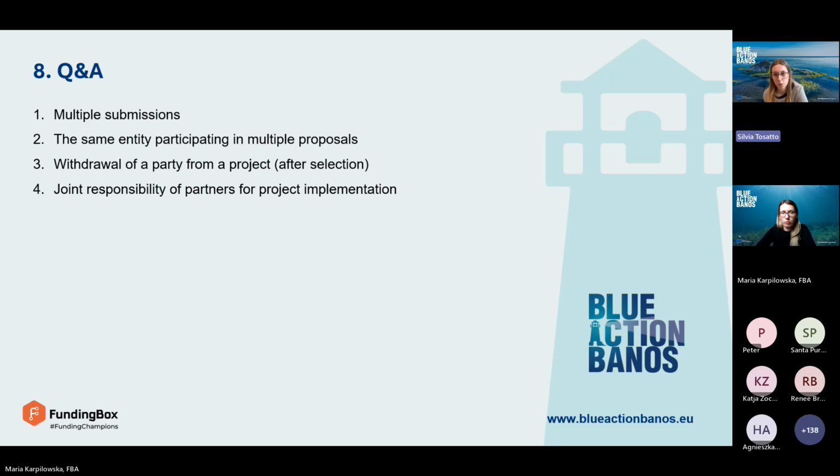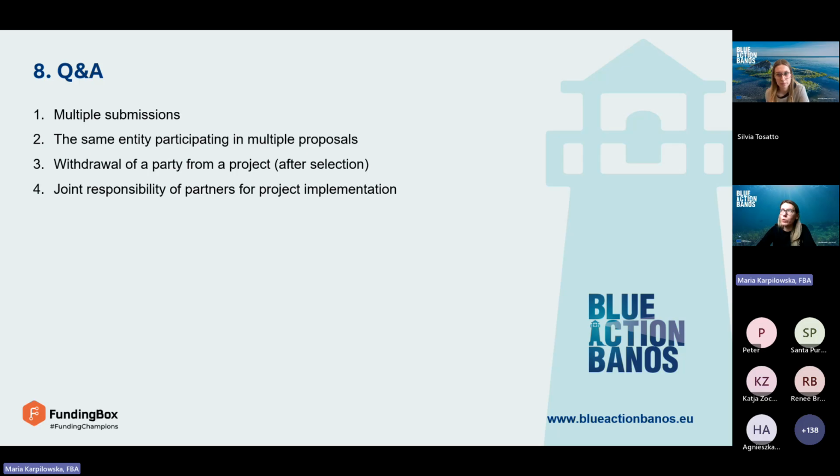Perfect. We have a sub question to this from Santa, which is not fully related. How will projects be selected for funding when there are similarly rated applications, given the funding available under CLAs? First of all, we will look at the independent evaluation results, the scoring.